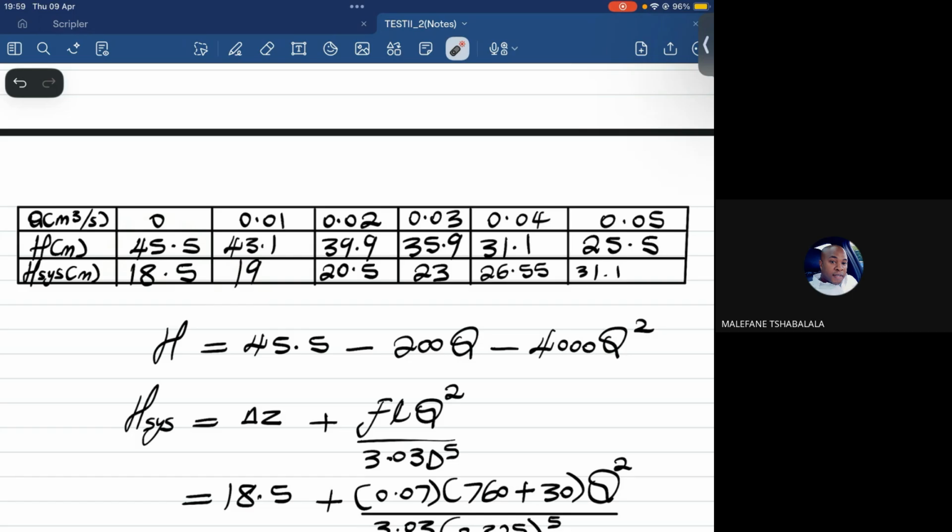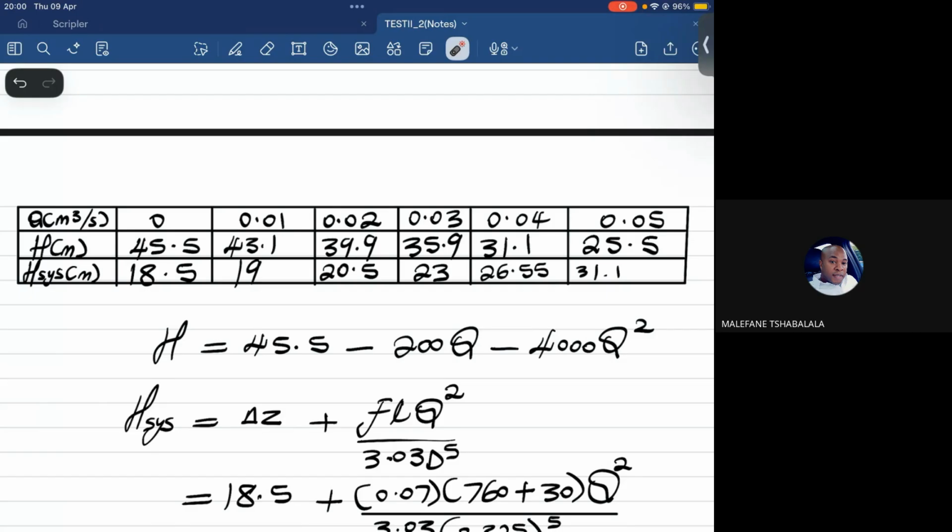So let's use an equidistant scale of 10.